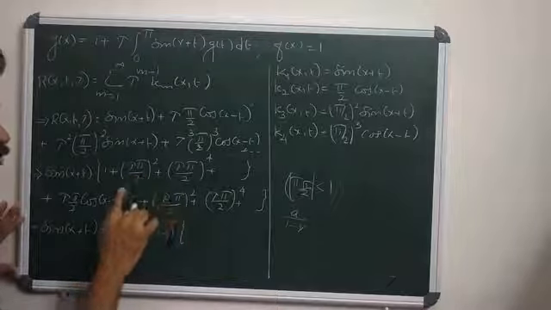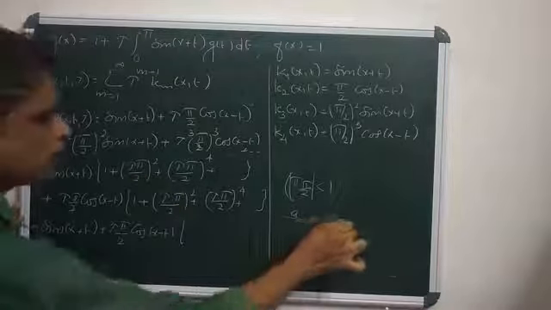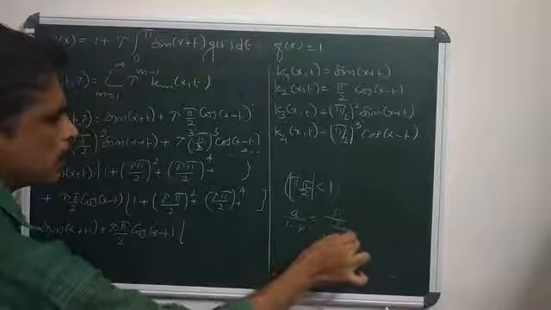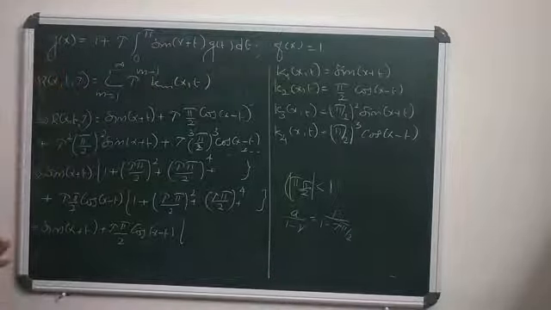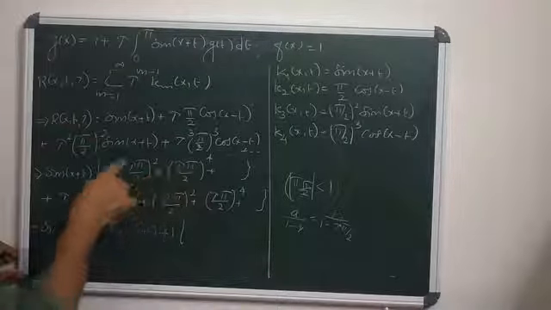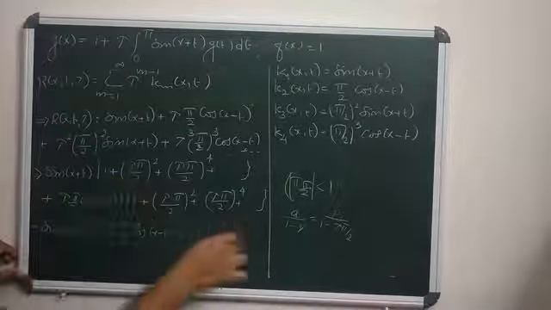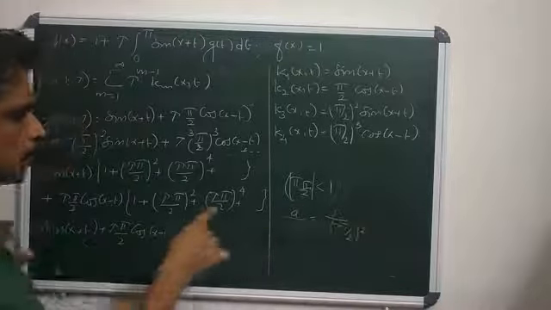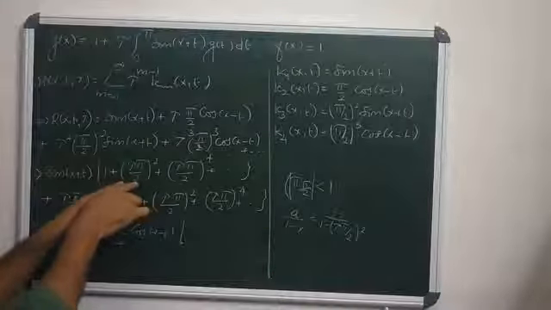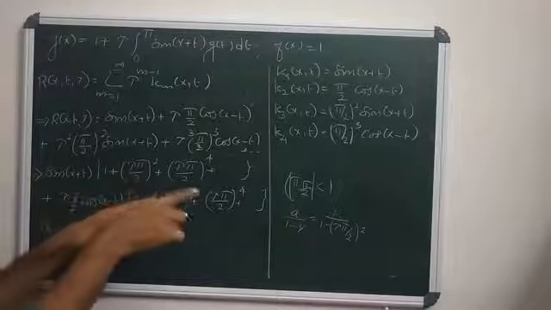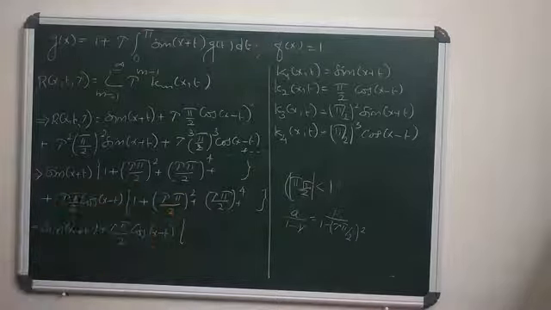So a is 1, so it is 1/(1−(λπ/2)²). Why? Because here the common ratio is (λπ/2)². When |λπ/2| is less than 1, its whole square is also less than 1.